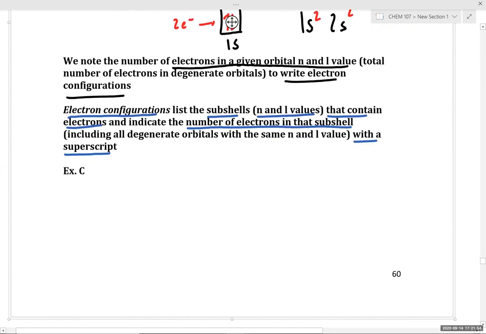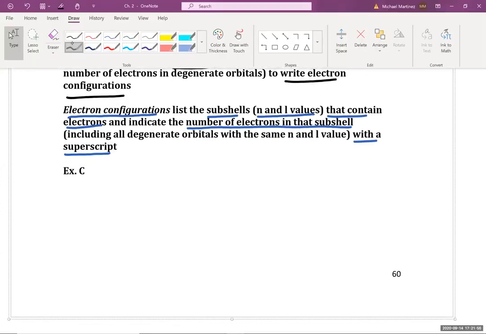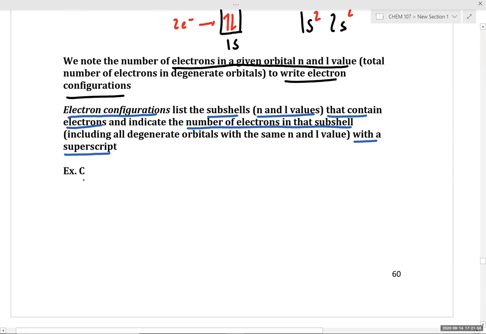So for example, if we're looking at carbon, let's do our electron count. If we look up carbon in the periodic table, what is carbon's atomic number? 6. Okay, so now let's write out our orbitals.